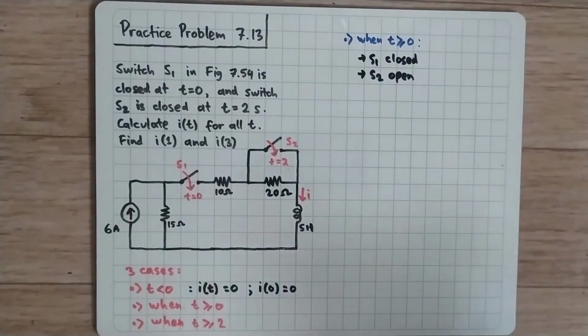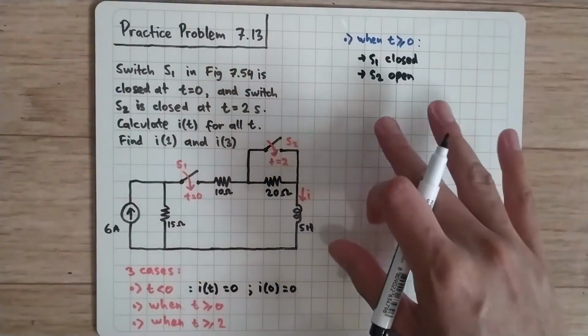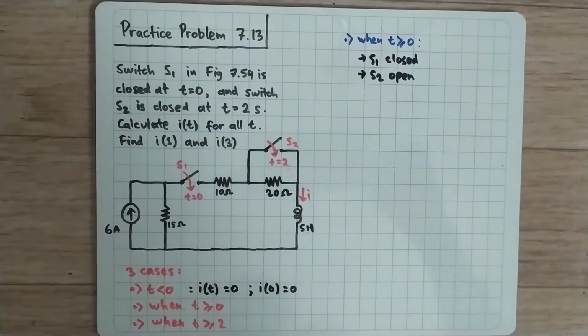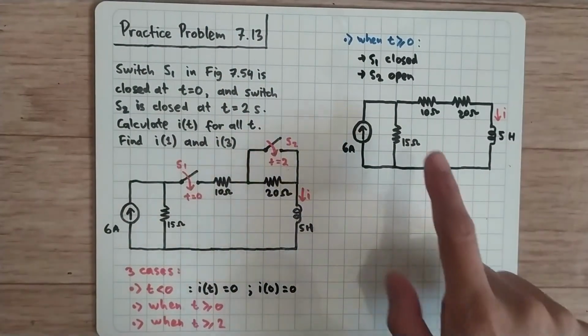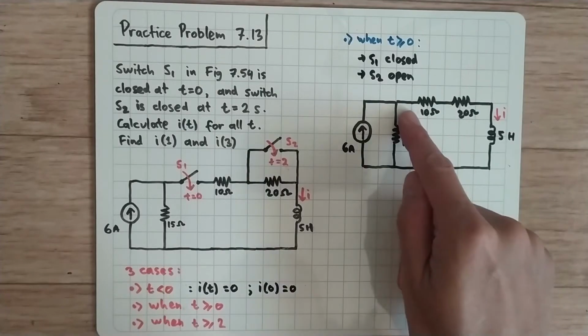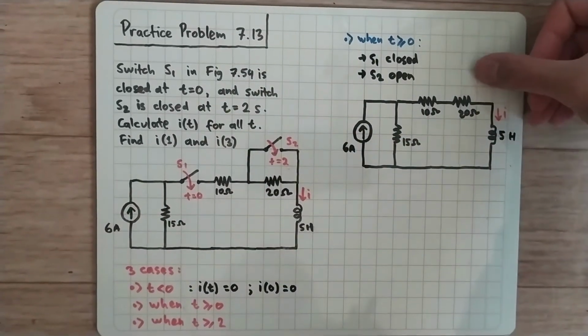Let's redraw the circuit with this condition. We replace S1 by a short circuit and S2 by an open circuit.